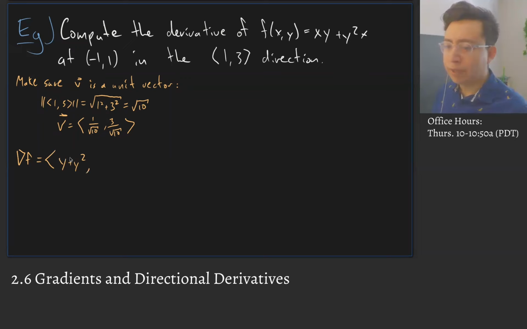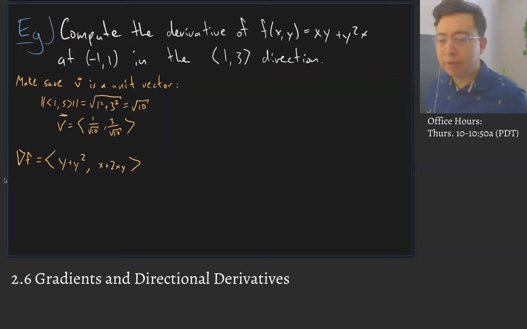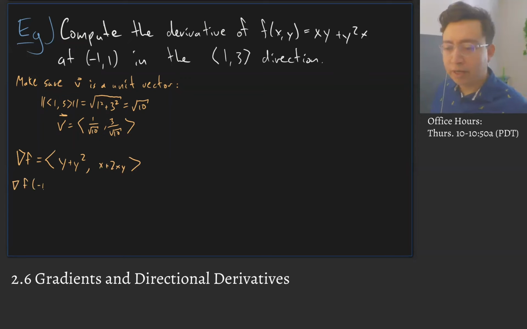And then we're going to compute the derivative with respect to y, which is x plus 2xy, okay? Now we take that gradient and plug in (-1, 1), which is the point where we're taking the directional derivative. Plug this point (-1, 1) into this.